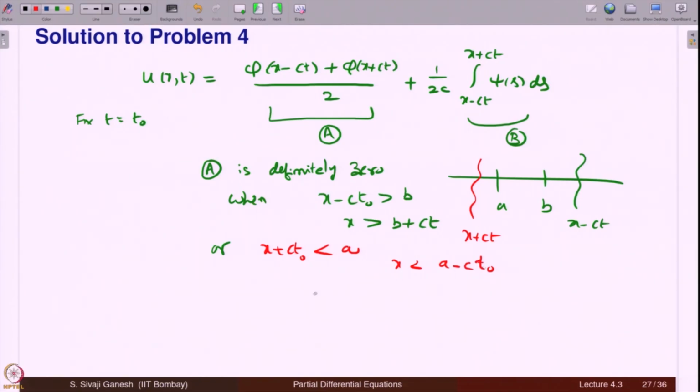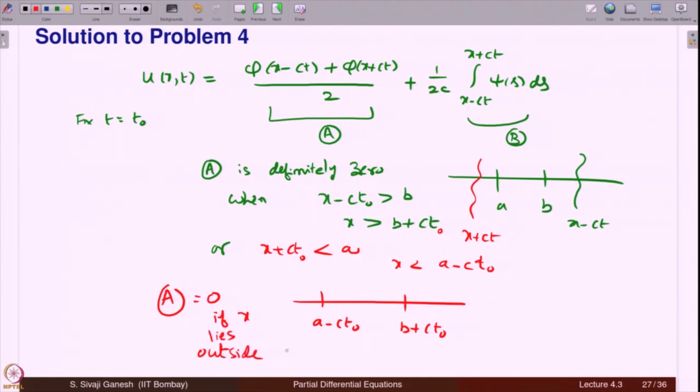Therefore, if x lies outside the interval a minus ct naught, b plus ct naught, A is 0 and phi will be 0.